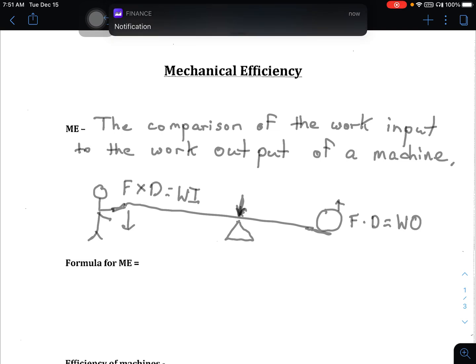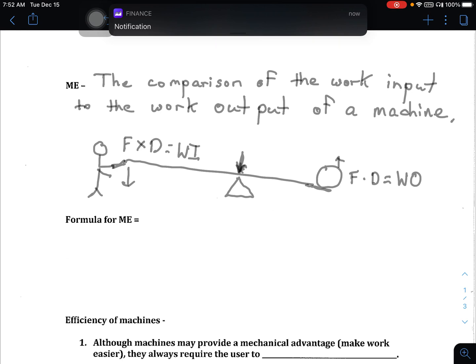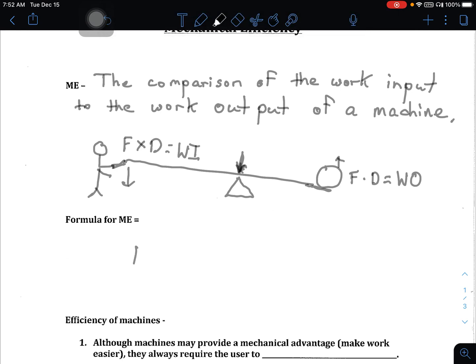Anyhow, mechanical efficiency is the comparison of those two things. How good is the machine at converting work input to work output? Okay, the formula for mechanical efficiency is ME, mechanical efficiency, is equal to work output, W_o, over work input, W_i, times 100. And the reason why it's times 100 is because mechanical efficiency is expressed as a percentage, right?